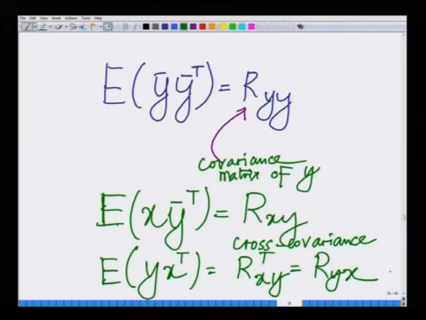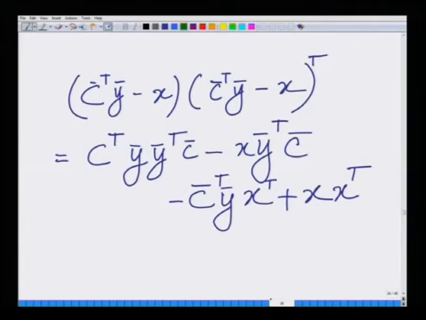You can clearly see from this expression that expected y x transpose is nothing but the transpose of R x y. All right. So, we have defined these two covariance matrices, the covariance of y and expected x y transpose, which is the cross covariance. We have defined these two covariance quantities.